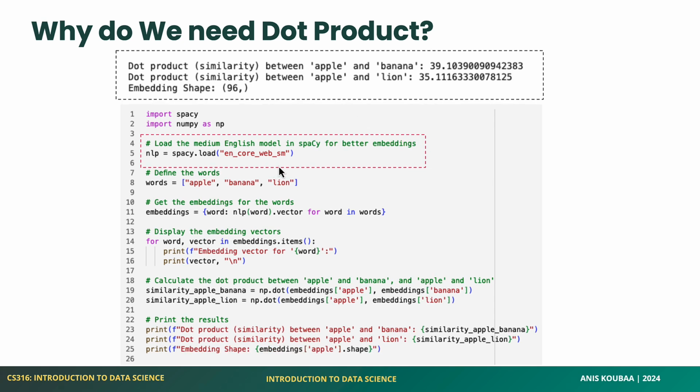I used the small embedding model, SM. Still we have differences. The dot product between apple and banana is higher, but the difference is smaller. So we can understand that when the embedding model is larger, it can capture more nuances between the different words. This is why, to have better accuracy, we try to use larger embedding vectors. But of course, this has implications for the speed of execution, the memory requirement, and so on.